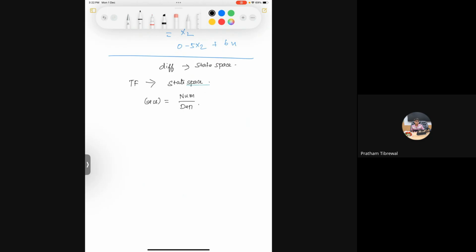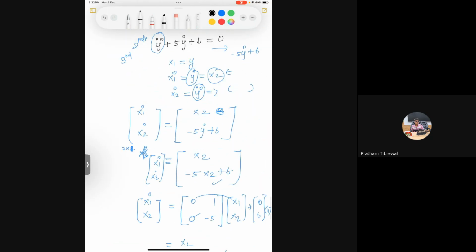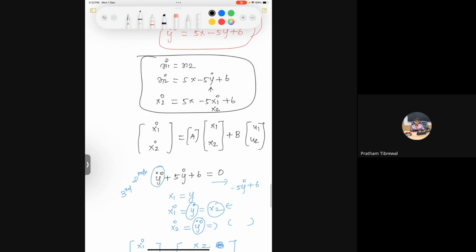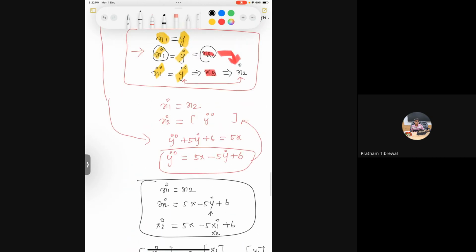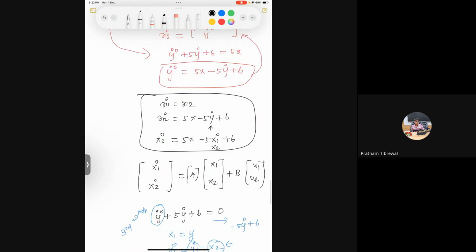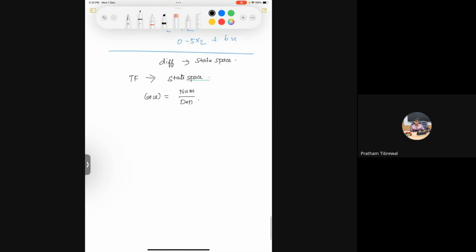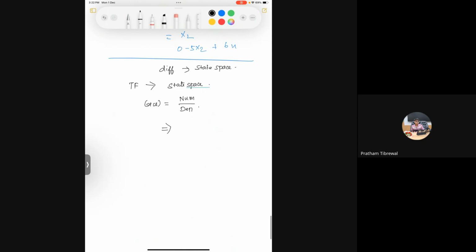If I just give a transfer function, this is actually an introduction to the next lecture, but let me try this: 1 by s square plus 5s plus 6.